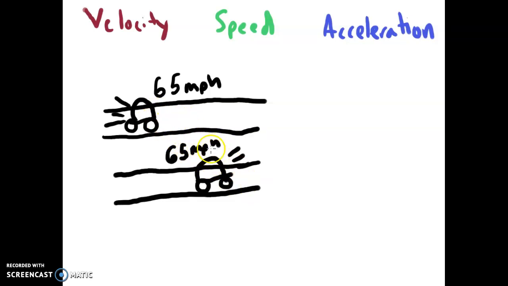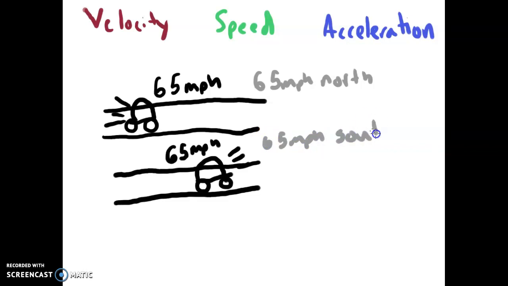They're going in different directions, right? This car is going, and this person, let's put his answer in gray, is going 65 miles per hour north, whereas this person is going 65 miles per hour south. And again, it turns out, well, they're both correct.